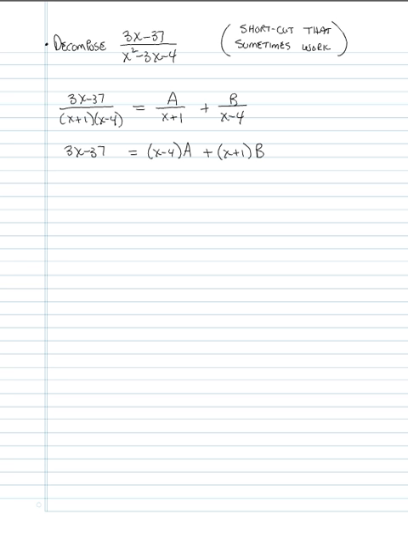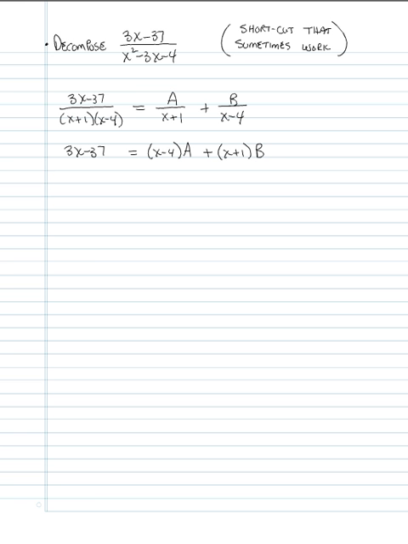What I'd like to do is go back to the very first problem that we worked on to decompose and show you a shortcut. As you can see, I said that sometimes works. And many times it will, but there are times when it won't, and so we need to be prepared to do as we have been doing, because it will always work.